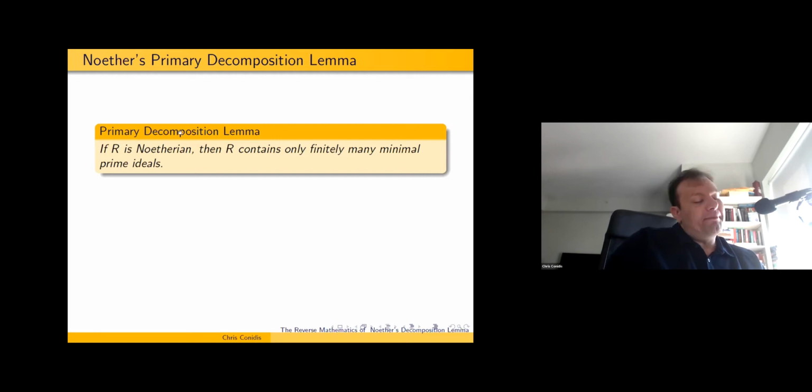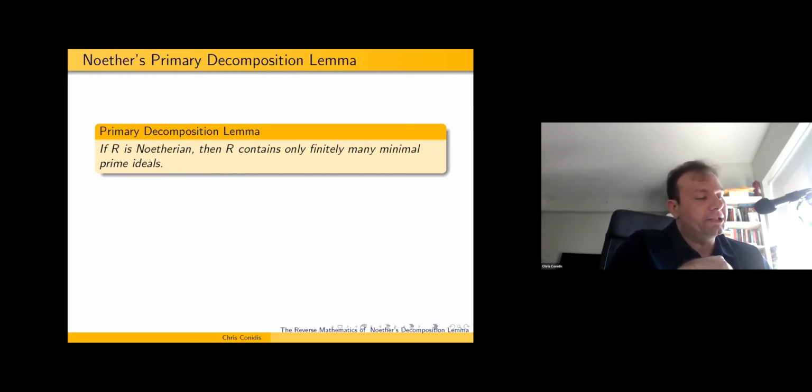You can find this lemma in every introductory commutative algebra textbook. It won't necessarily be labeled as such, but you can find this statement. The statement says that if you have a Noetherian ring, then it only contains finitely many minimal prime ideals. Something to keep in mind with minimal prime ideals is that the zero ideal is potentially a minimal prime ideal.